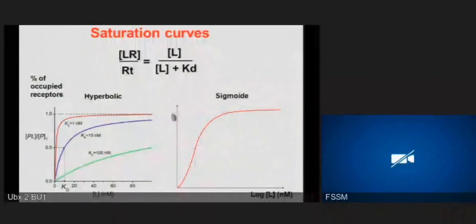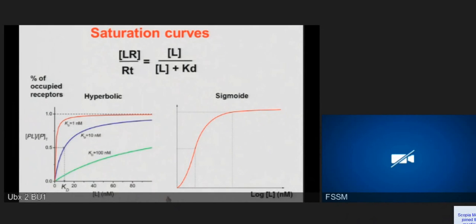So you go to 1 for 100% occupancy, while the x-axis is expressed as the log of the concentration of L. So it means that you transform the hyperbolic representation as a semi-logarithmic representation, and this gives you a sigmoid.